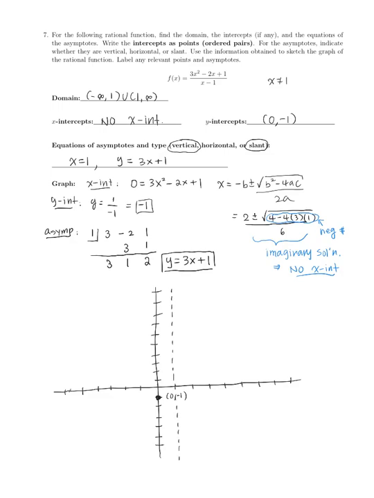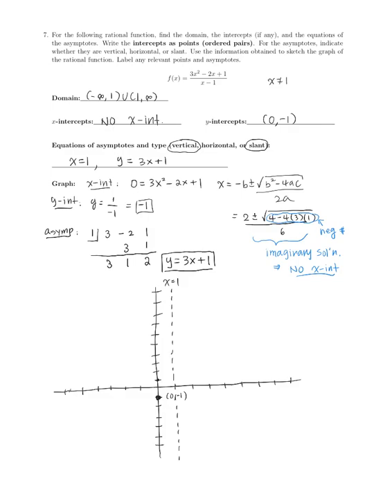Okay, now that's the vertical asymptote. So let me label everything. So x equals 1. And the slant asymptote is what? 3x plus 1. So the y-intercept is 1 and the slope is 3. So 3 over 1, so rise 3: 1, 2, 3 over 1.